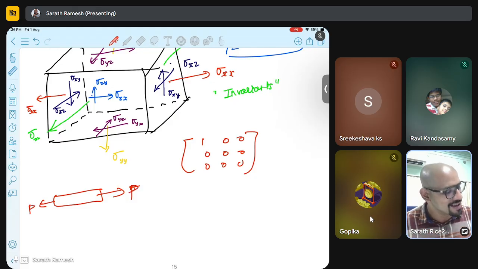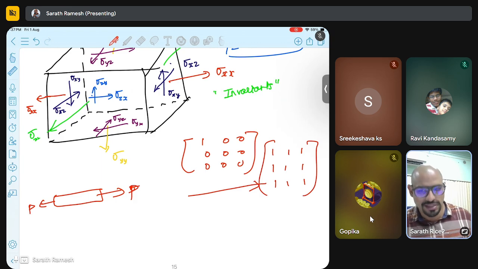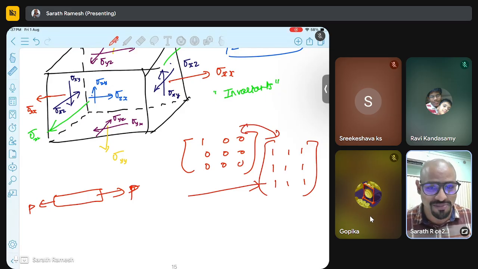Suppose I use the same thing in a different basis, this is also a stress tensor, and it is the same uniaxial state of stress, but the basis vectors changed. You will understand this in the upcoming week's lectures. You can watch the lectures, it's very interesting. Our mind will say these both are not the same state of stress.